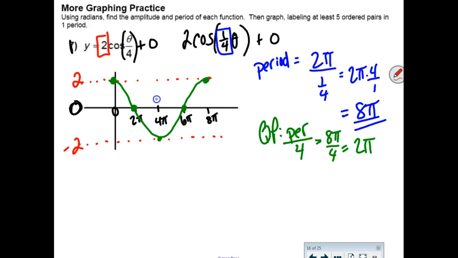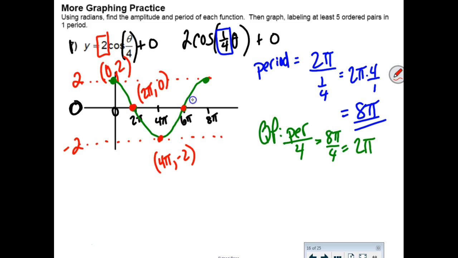All right, here we go. Now, you're PreCalc. You're better than this, guys. You can label ordered pairs with me, too. Just drawing a weird little horseshoe thing isn't going to work anymore. You got to give me the ordered pairs. What's this ordered pair up here? 0, 2. What's this ordered pair? 2 pi, 0. Yeah. Flip that around for me. 4 pi, -2.